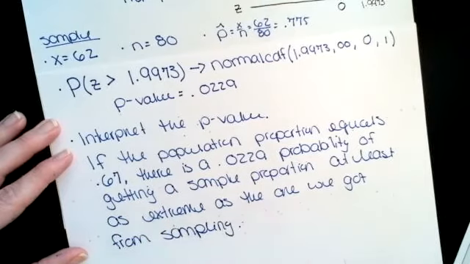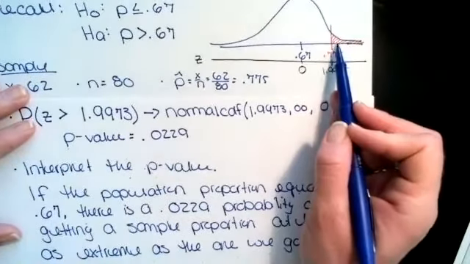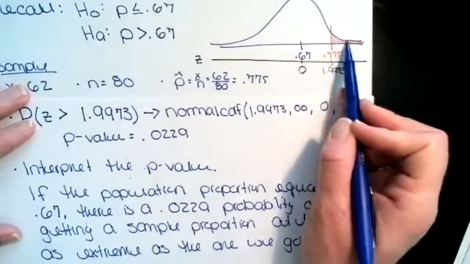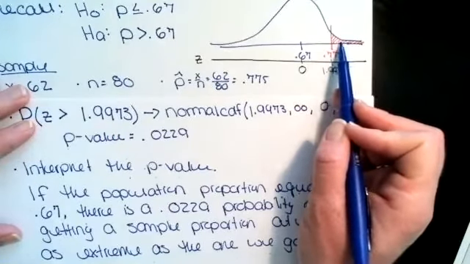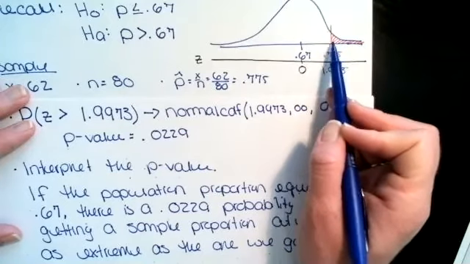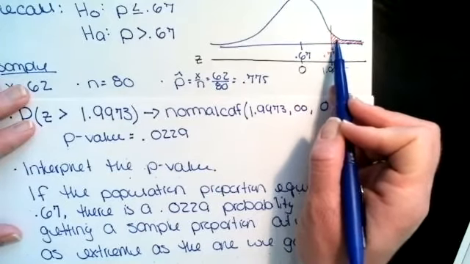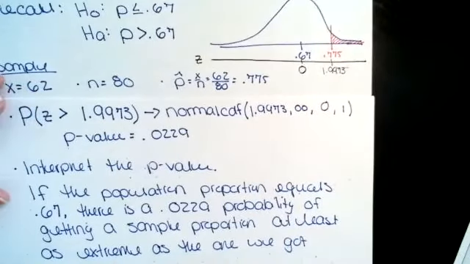So this is just saying that there is a 2.29% probability of getting another sample proportion out here in the red, this far from the center. So at least as extreme as, this far or the same distance from the center.